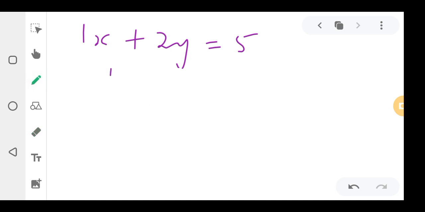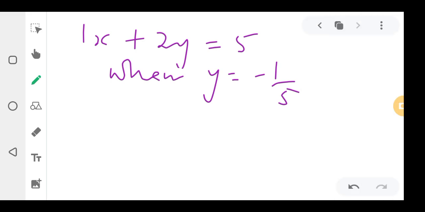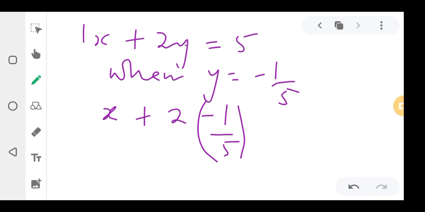When y is equal to negative 1 over 5, that's the one that we found, so it will be 1x plus 2, and on y you put negative 1 over 5 in brackets, is equal to 5.